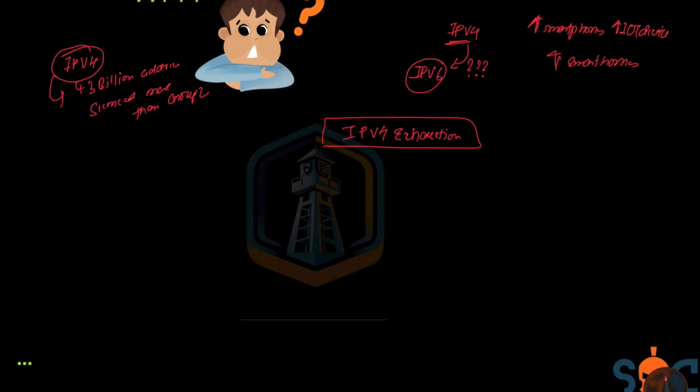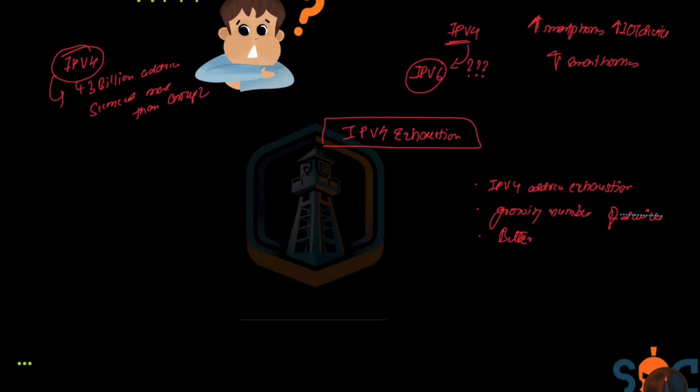So I'll give you the points why IPv6 was required. First point is due to IPv4 address exhaustion. Second was the growing number of devices like smartphones, smart homes, IoT devices, and much more.